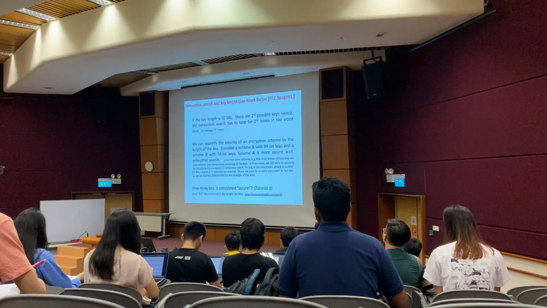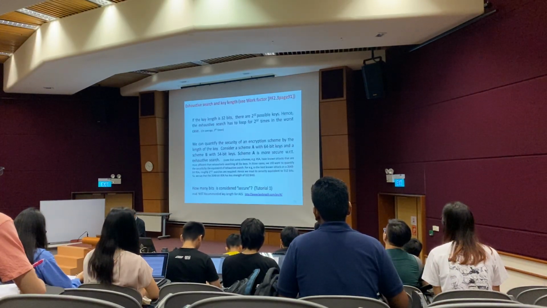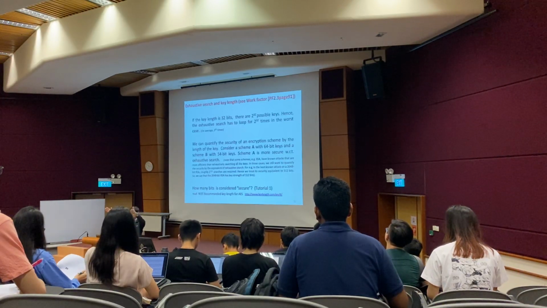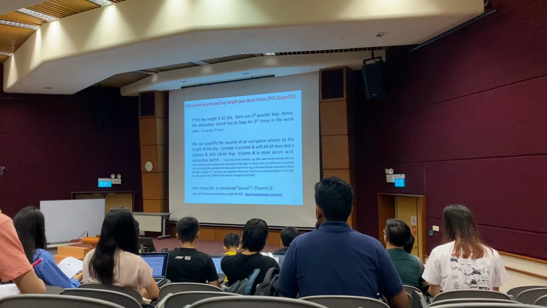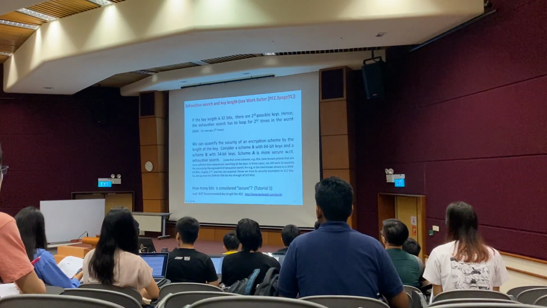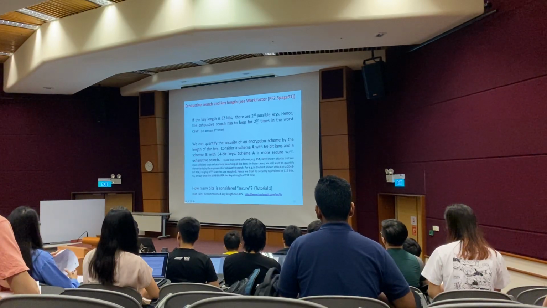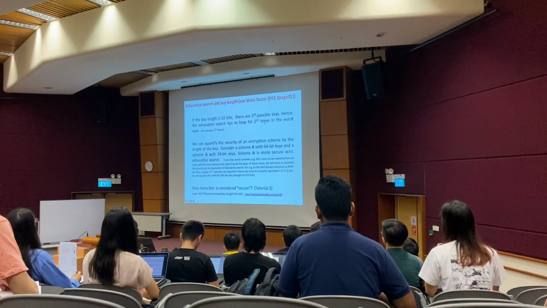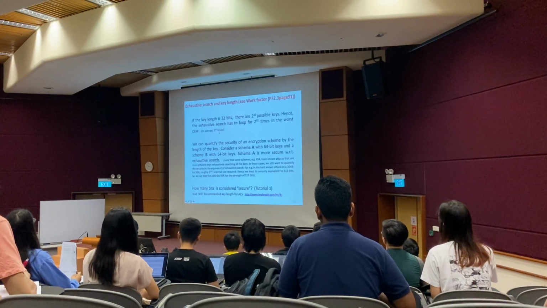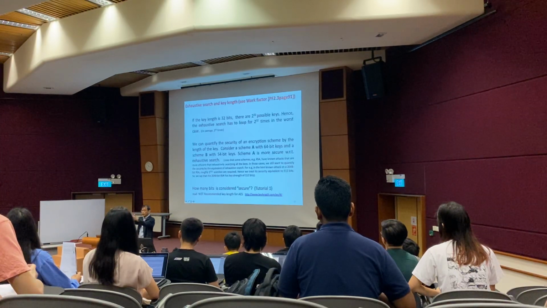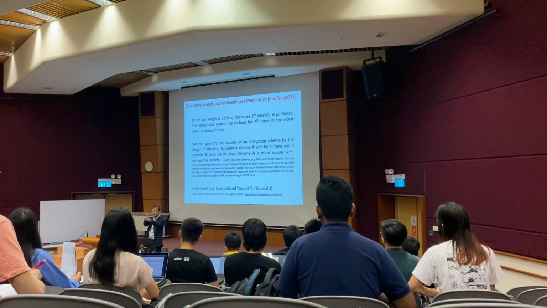So let's talk about exhaustive search. If the key length is 32 bits, then how many keys? 2 raised to the power 32. So for exhaustive search, you try all possible keys, 2 raised to the power 32 times. But on average it's actually 2 raised to the power 31. It's not very important, but just off by 1. That means that if you keep trying, because you know that it's one of the 2 raised to the power 32, you start from here.